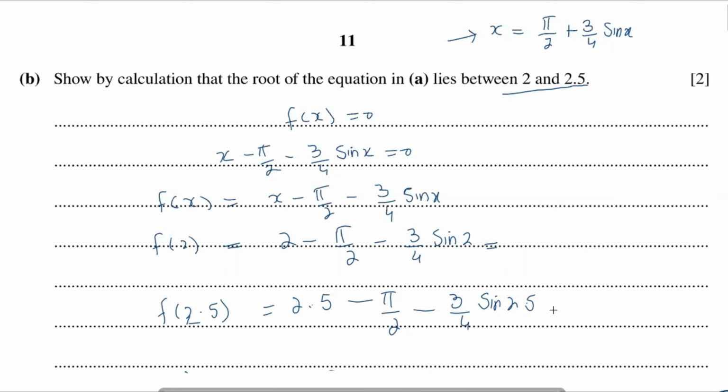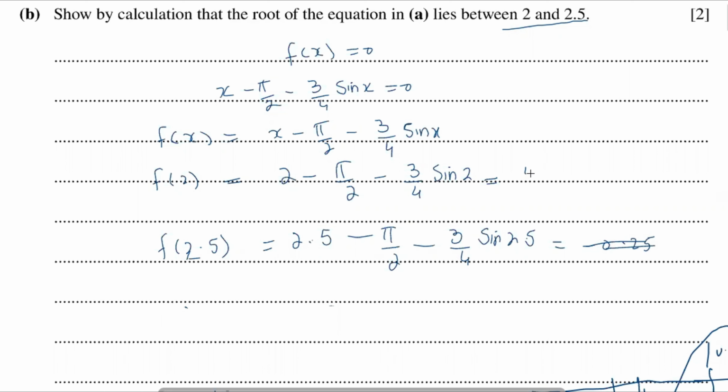Now we calculate it. This value is minus 0.25. And when we calculate this value, 2.5 minus pi over 2 minus 3 over 4 sine 2.5, that value will be equal to 0.48.